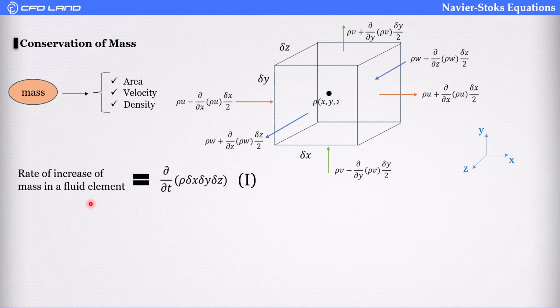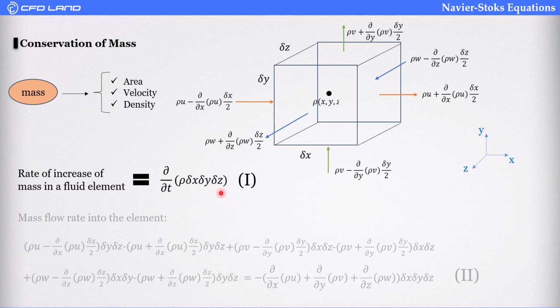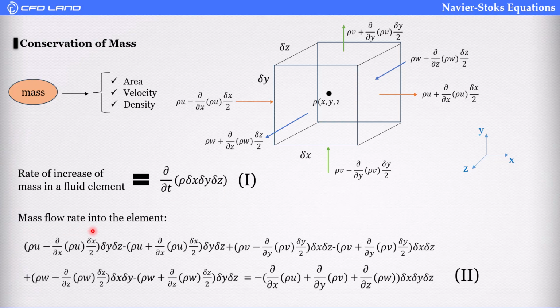For the left-hand side of the equation, the rate of increase of mass in a fluid element, we have partial t of rho, times delta x, delta y, delta z. And for the right-hand side, the mass flow rate into the element, we have equation number 2.